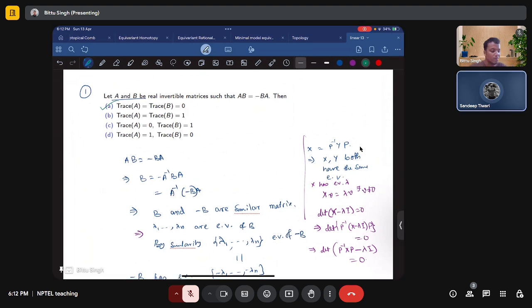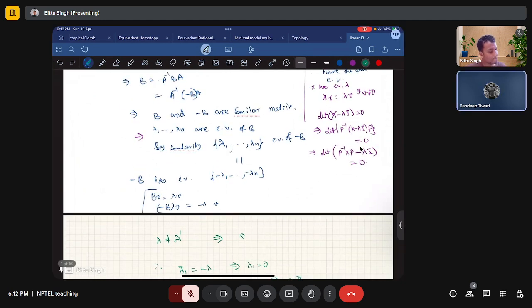Sir, if we take trace B, from the second equation, B is equal to minus A inverse BA. If we take trace of both sides, then trace B is equal to trace of minus A inverse BA.